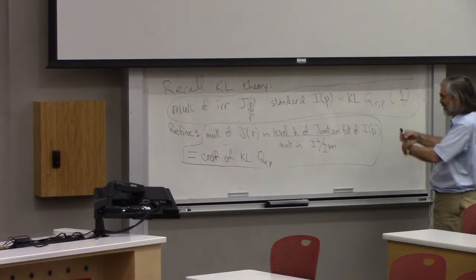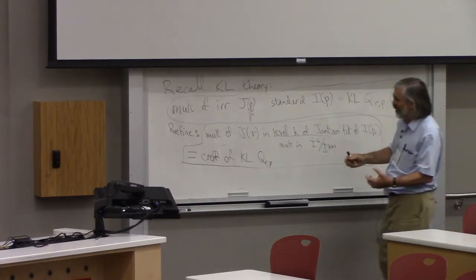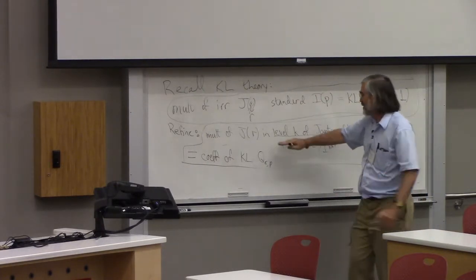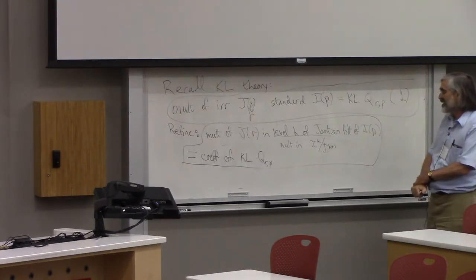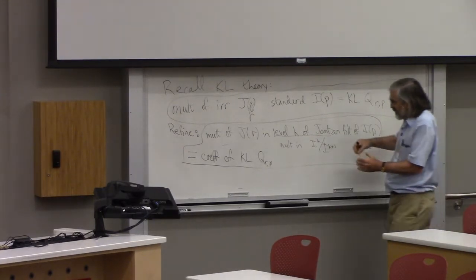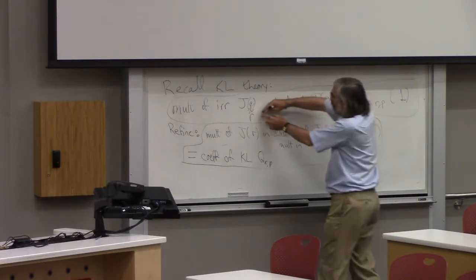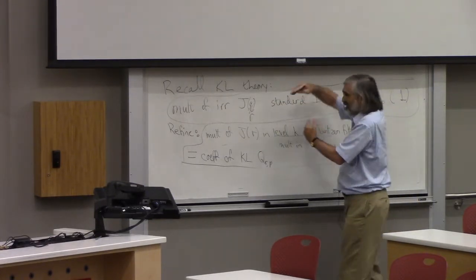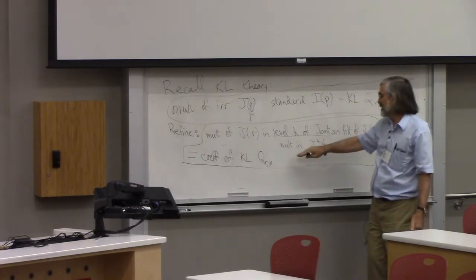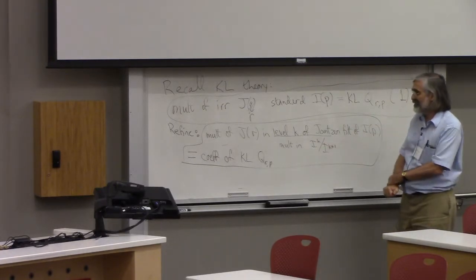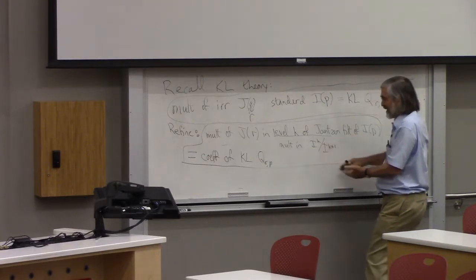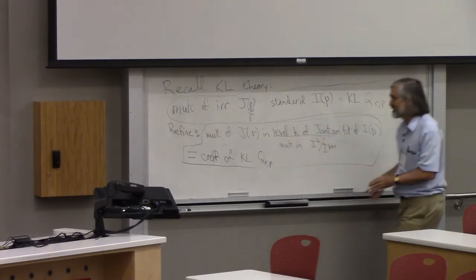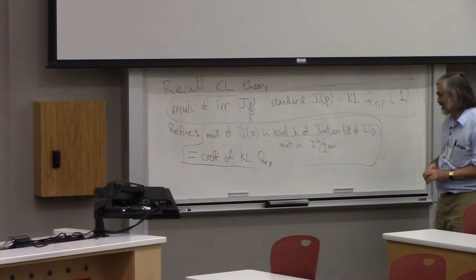With these forms we can make a natural filtration, and so this big multiplicity in the whole representation gets broken up into multiplicities in various levels, and those are the coefficients of this Kazhdan-Lusztig polynomial.